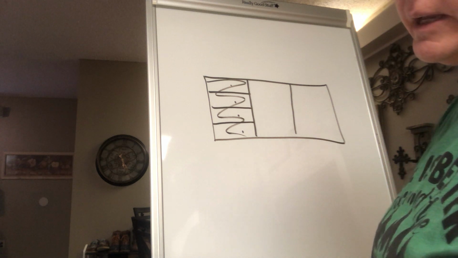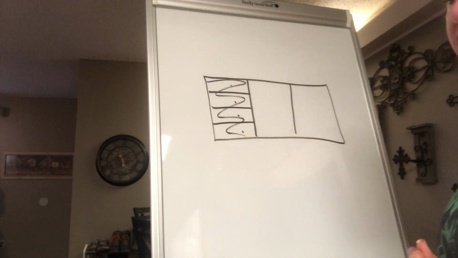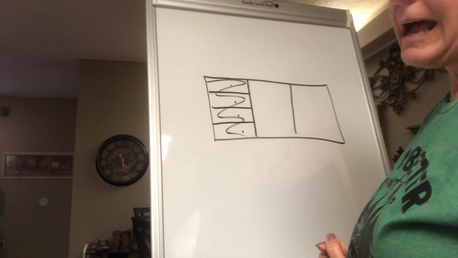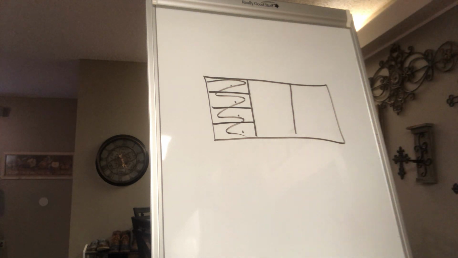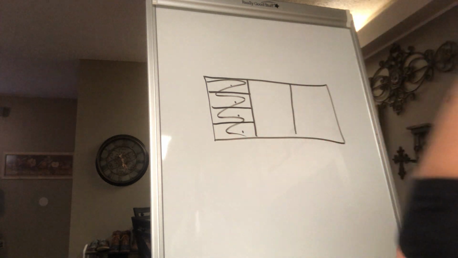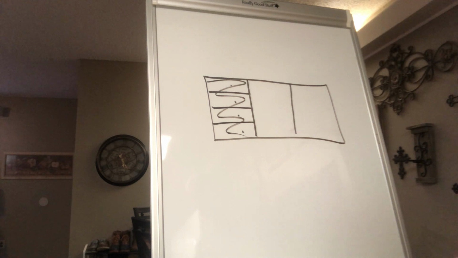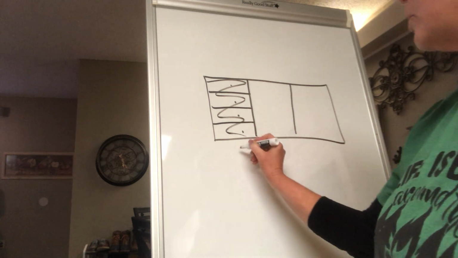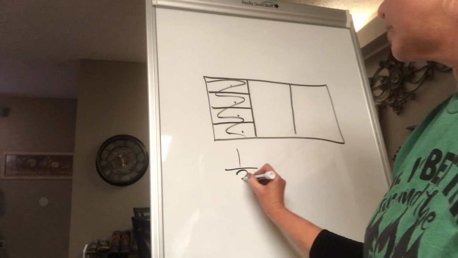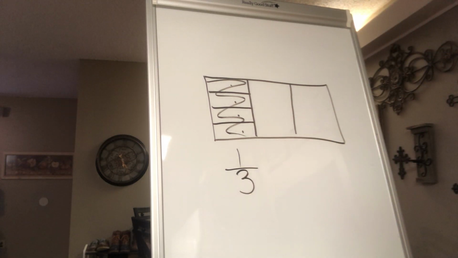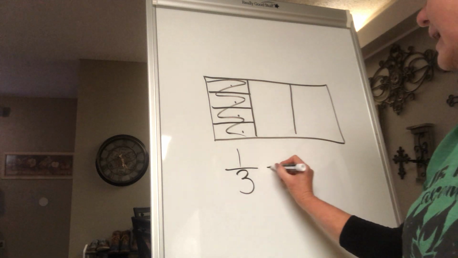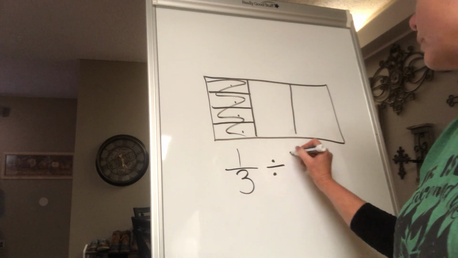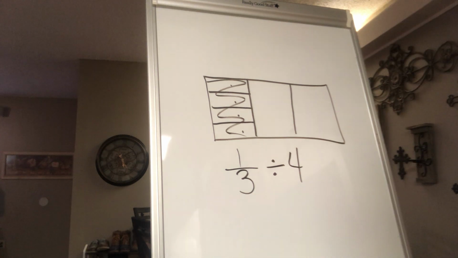All right, and then in B, write a division expression representing how much of a pan each friend gets. So we know that a division expression is just our math problem that we write out. And we know that we had 1/3 of a pan, and that 1/3 of the pan is having to be divided by 4 people.